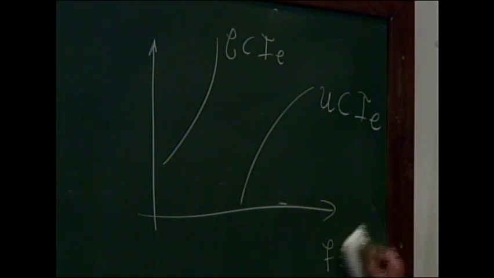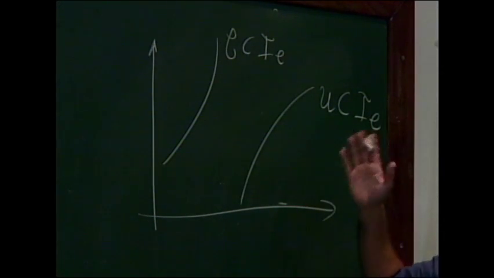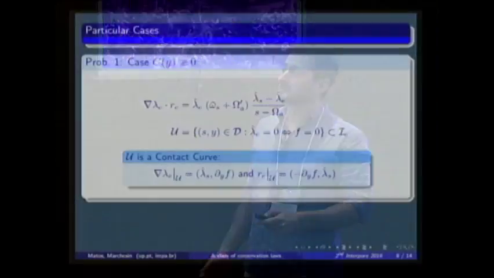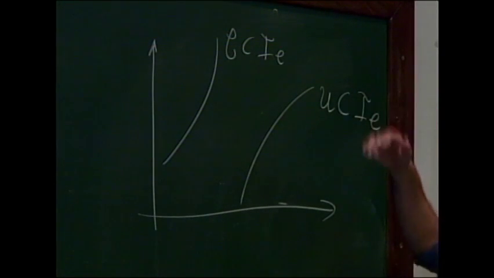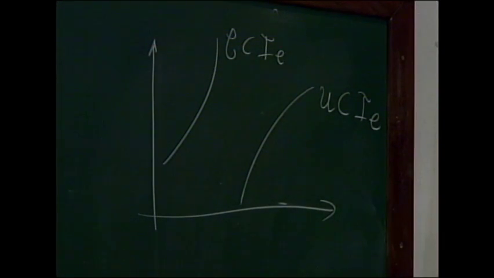CS? Okay. Here I call it U. Yesterday we saw another name for it. We can show that this curve is a contact curve. So this curve is the integral curve, and the eigenvalue is constant over there.